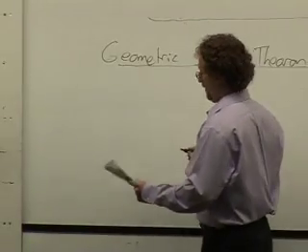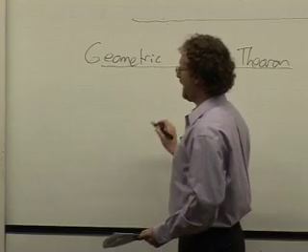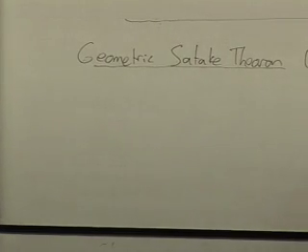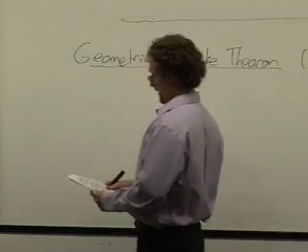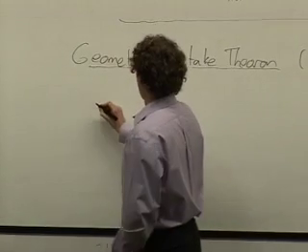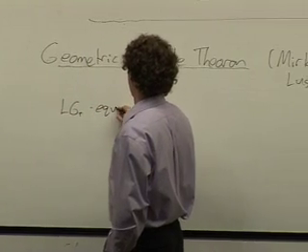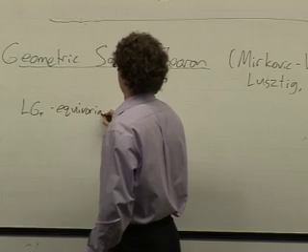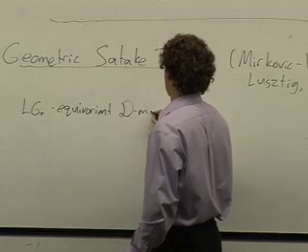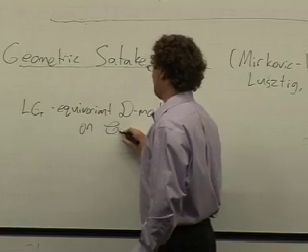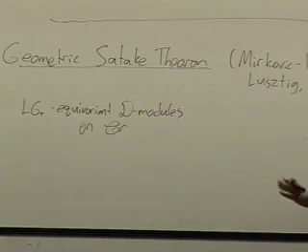And what it says is the following. If I look at my Hecke algebra that we were looking at, so this scary thing we wrote on the board before the break, I'm going to look at LG plus equivariant D-modules on the affine Grassmannian. So I'm going to drop derived categories.